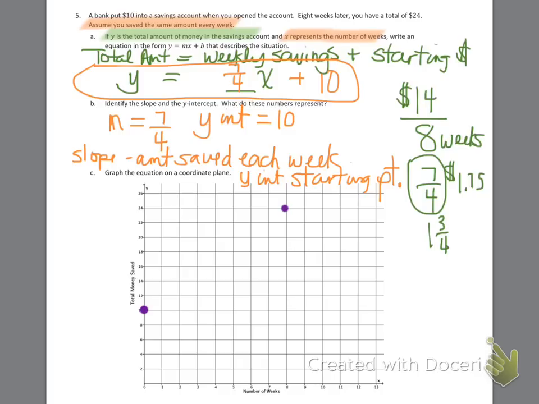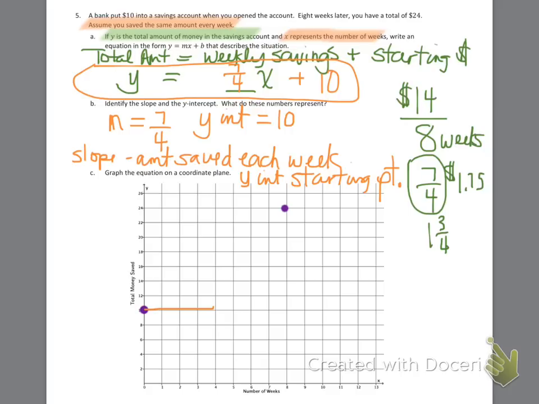But I could try putting another point on. If I use my slope to find another point, my slope is 7/4, so that means I'm going to go over 4 weeks and up $7 basically. But I've got to look at my scale carefully.